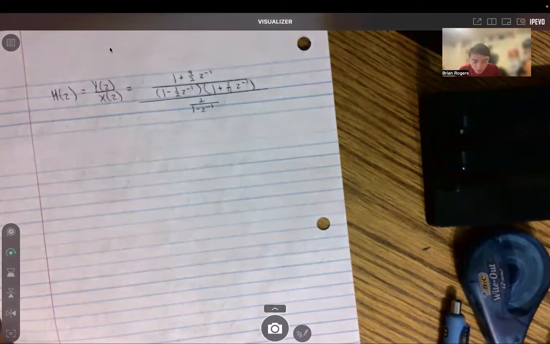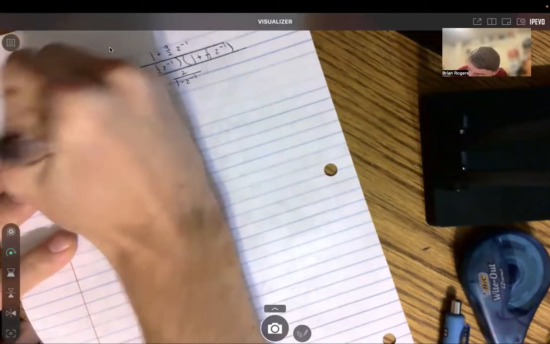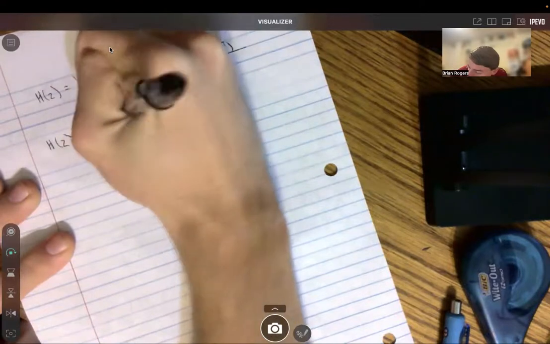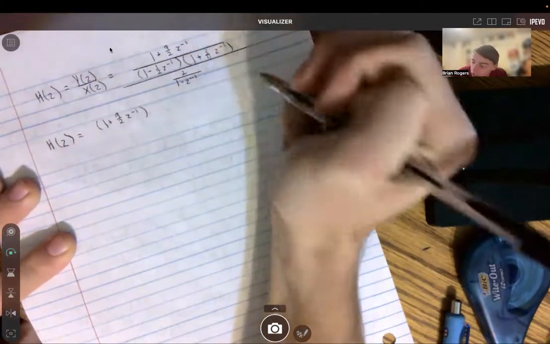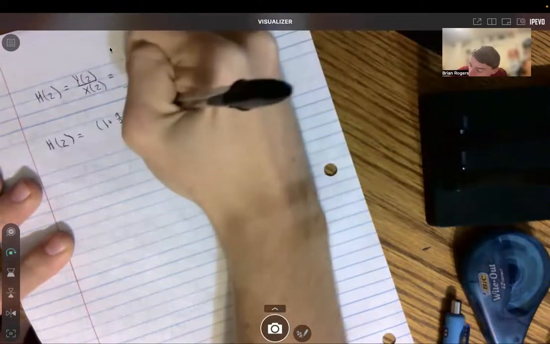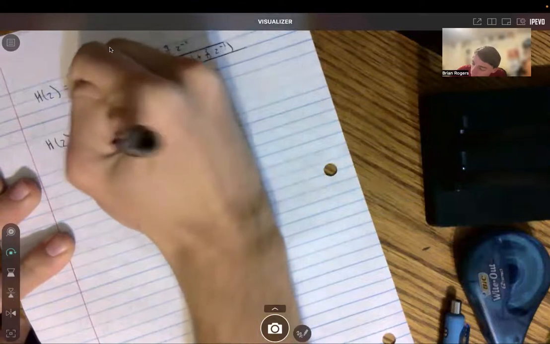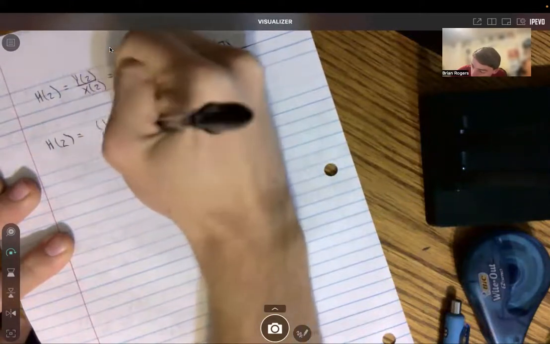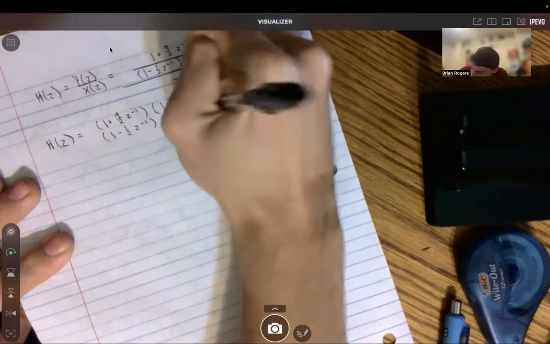But we can rewrite it so it looks at least cleaner. So your H(z) is going to equal, this will stay in the numerator, your 1 + 9/2 z^-1. Remember, fraction divided by fraction, the bottom fraction moves to the top. So it's going to be 1 - z^-1 all over (1 - 1/2 z^-1) multiplied by (1 + 3/4 z^-1).